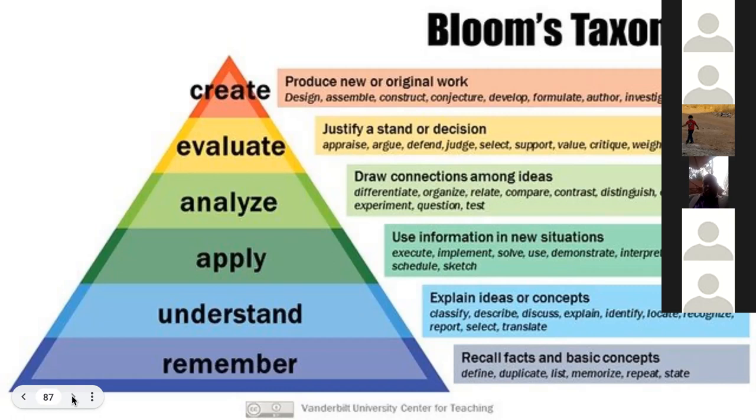At the bottom of the pyramid here is remember. With our ESL students, remember is just, we show them a pen and we say, this is a pen. And then later when we show it to them again, we say, what is this? If they can remember, this is a pen. That is the most basic thing that they'll be able to do.